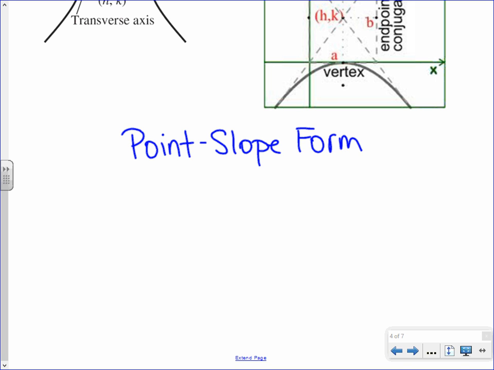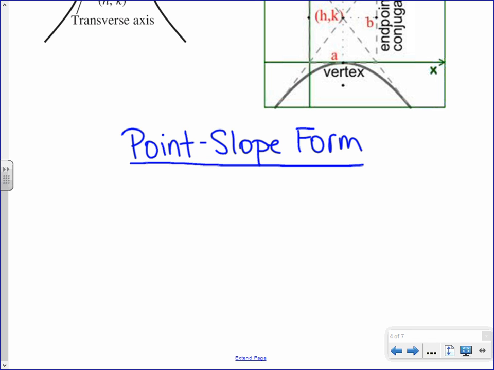You guys are all pretty good at writing the equation of a line. But typically, if I give you a point and a slope, you write y equals mx plus b, you plug in your coordinate x, y, and you solve for b, and then you give me a y-intercept form line.